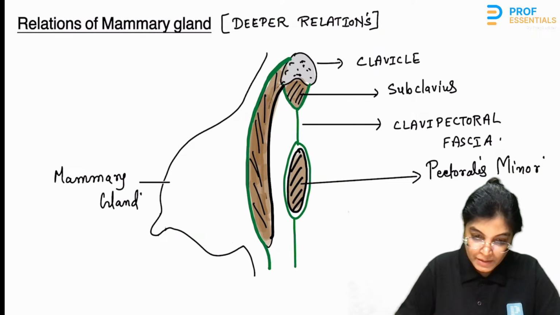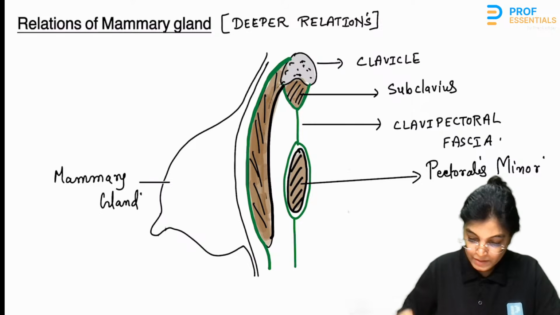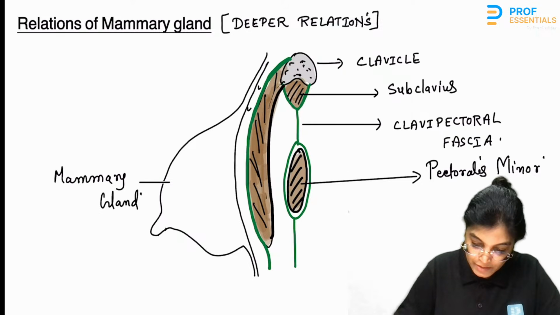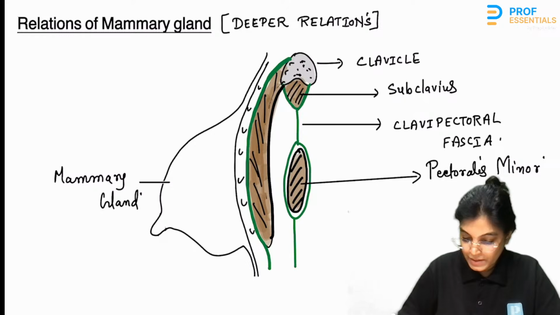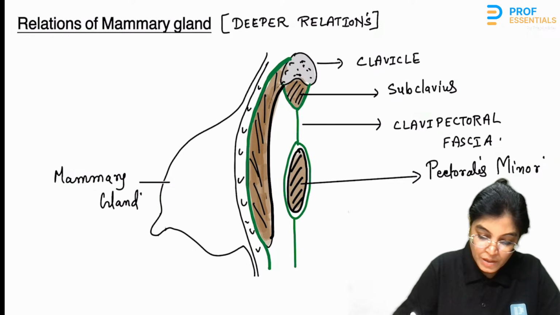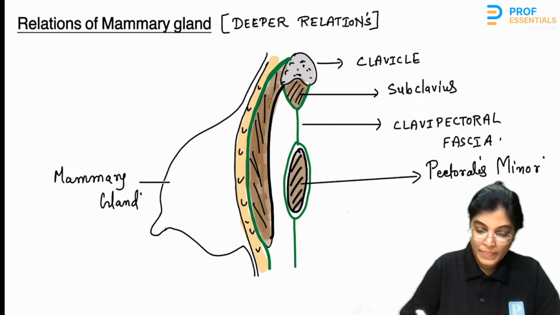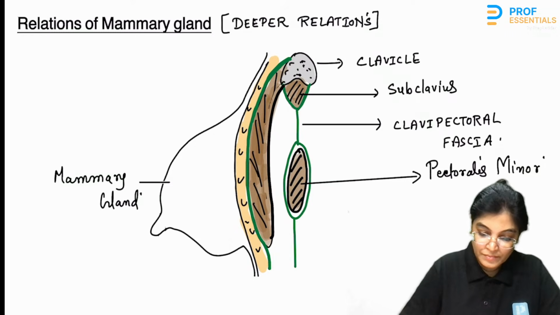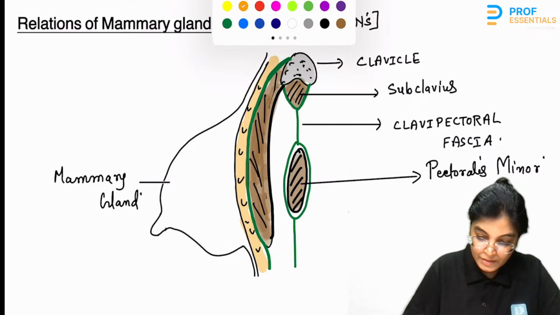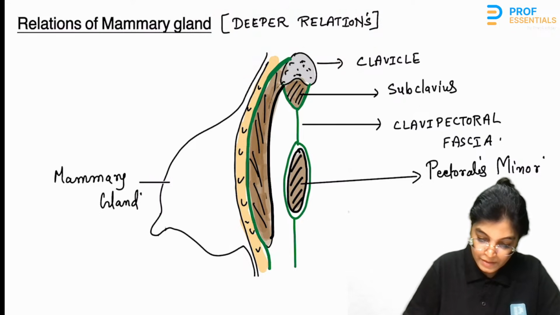And here will be the space which I want you to show. This space will be the retromammary space. So I will use yellow color to highlight the space. This space is the retromammary space. And this part is the mammary gland.